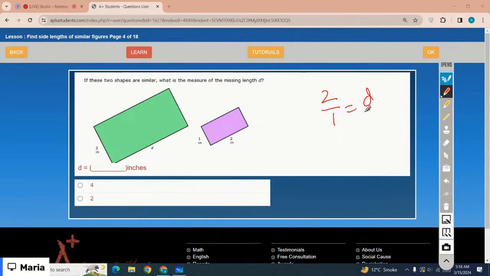So just cross multiply. D equals 2 times 2 equals 4. The correct option is D equals 4.